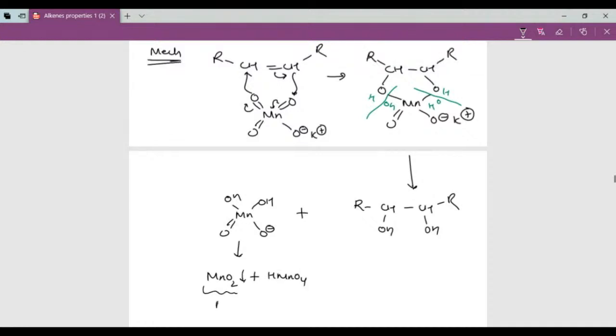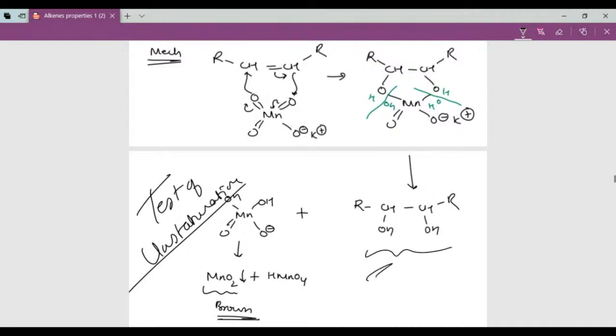This will appear as a brown precipitate. So as the reaction completes, we have an appearance of brown precipitate and a gradual decolorization of the KMnO4 solution. So it is used as a test of unsaturation.